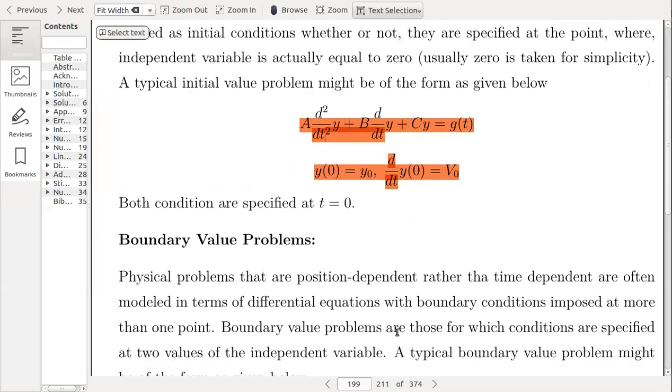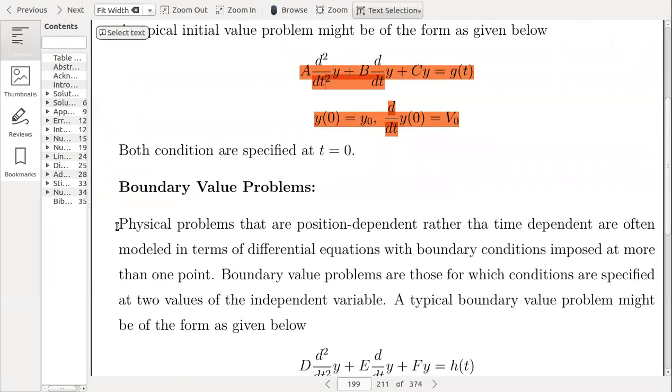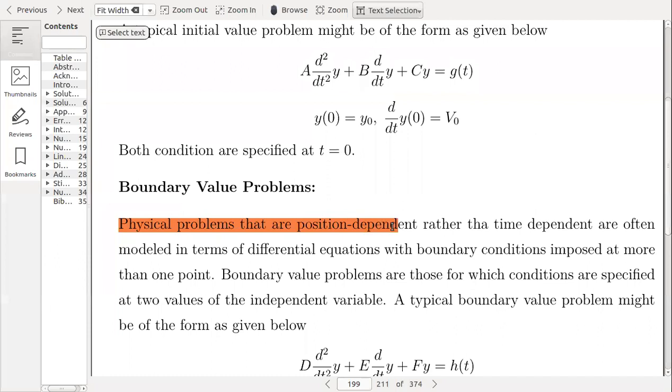Now boundary value problems. Physical problems that are position dependent rather than time dependent are often modeled in terms of differential equations with boundary conditions imposed at more than one point.